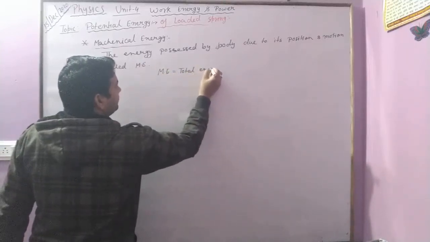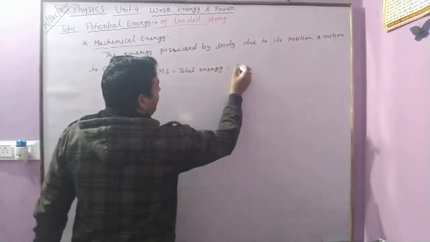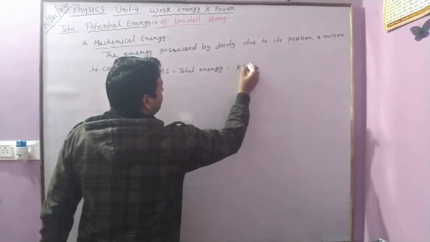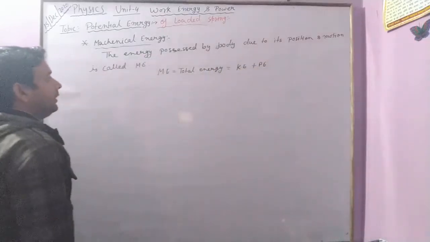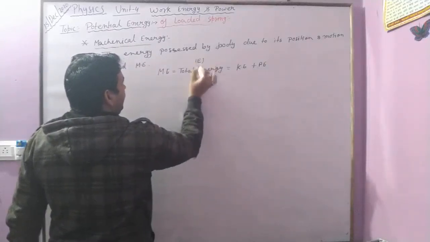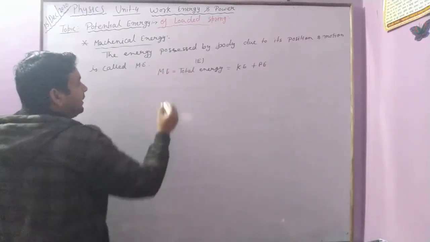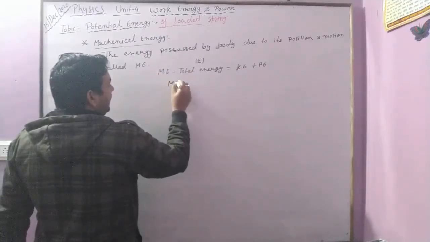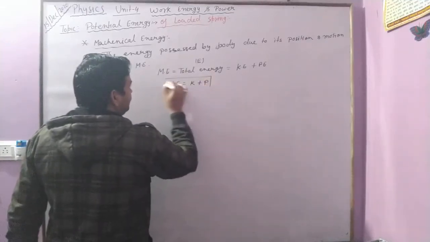Total energy is equal to its kinetic energy plus potential energy. Here for the total energy we can use the symbol E only, and for mechanical energy ME or otherwise E. Therefore, the mechanical energy of the body is kinetic plus potential energy.